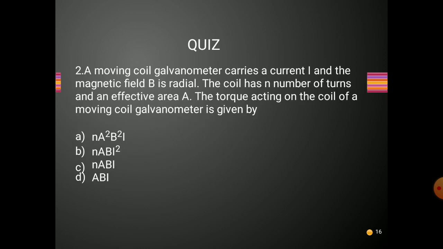Now a moving coil galvanometer carries a current I in a magnetic field B, which is radial. The coil has N turns and an effective area A. The torque acting on the coil of a moving coil galvanometer is given by, so we have seen this in the derivation, NBAI. That is C, the correct answer.